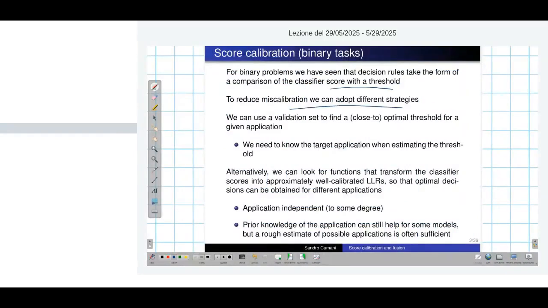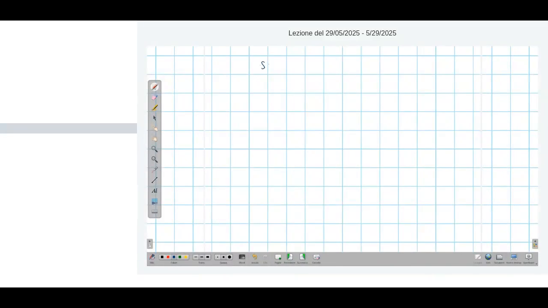So how can we reduce miscalibration? If miscalibration is related to the combination of using a recognizer to classify some data, then what we can try to do is to find an optimal threshold for the data. We consider a binary problem.